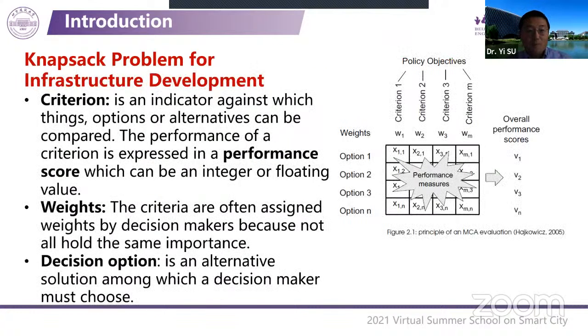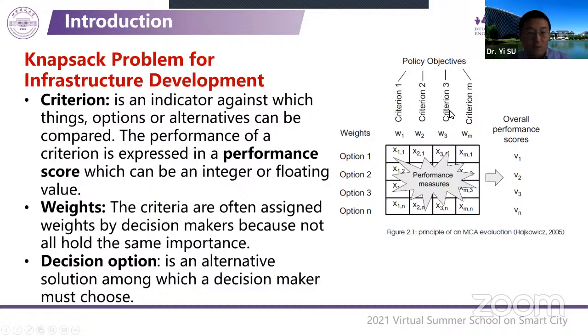For the knapsack problem, there are many factors or variables. So first is a criterion. It's an indicator against which things, options, or alternatives can be compared. The performance of a criterion is expressed in a performance score, which can be an integer or floating value.